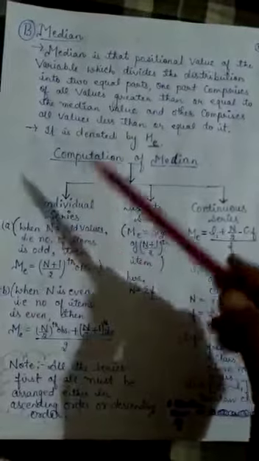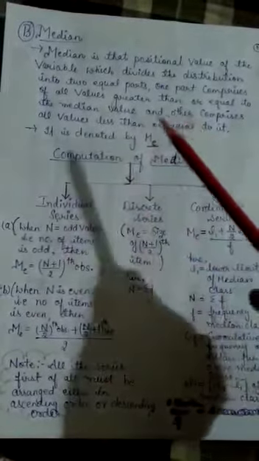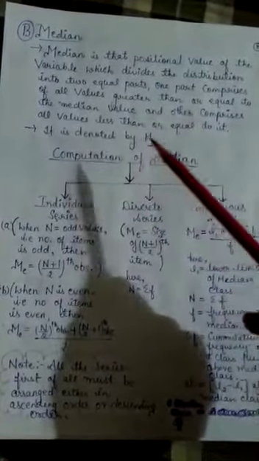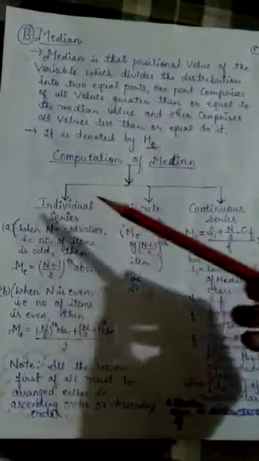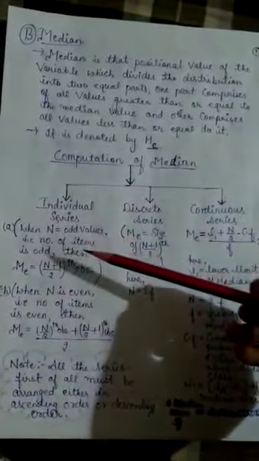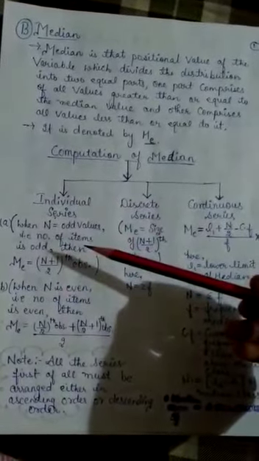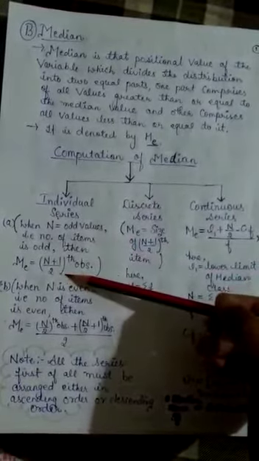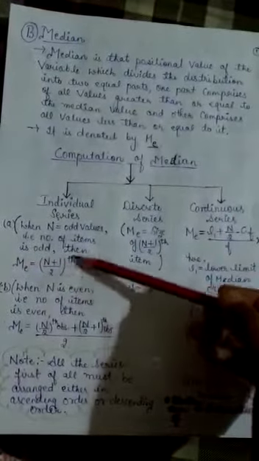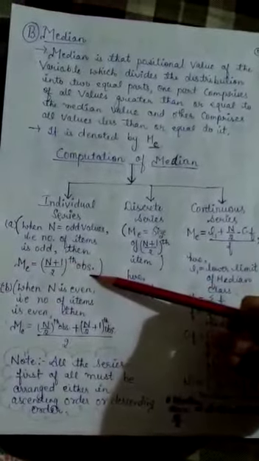When we count the number of observations in the data, if they are like 3, 5, 7, 9 or 11, then we say that the number of items in this data is odd. And when it is odd, we use this formula: n plus 1 upon 2th observation.